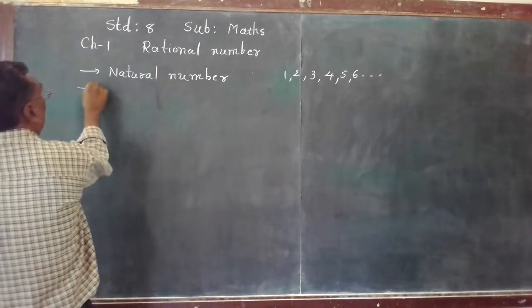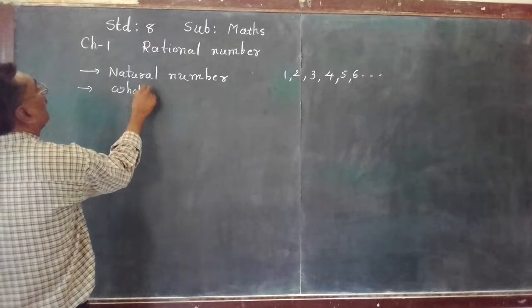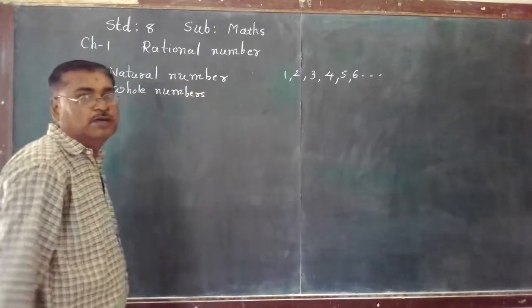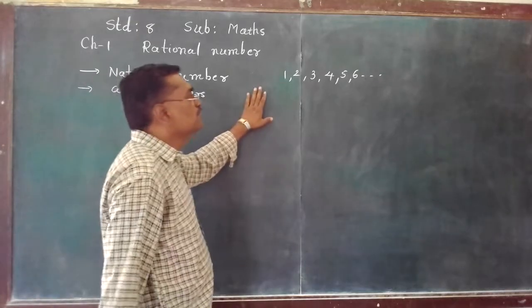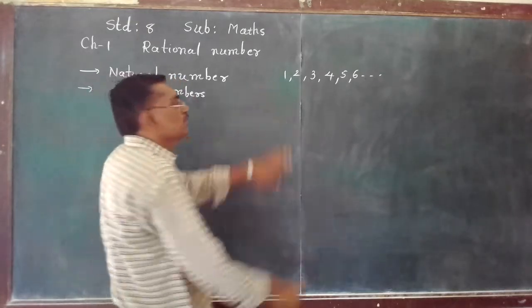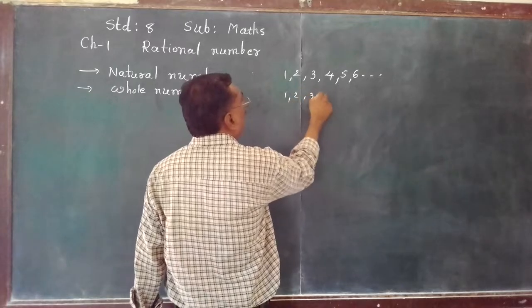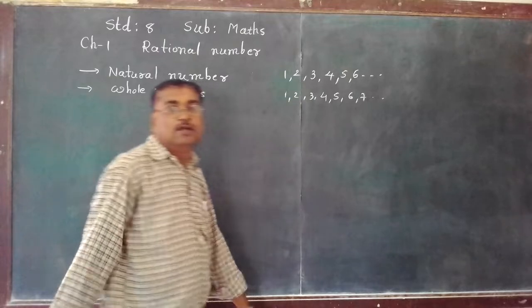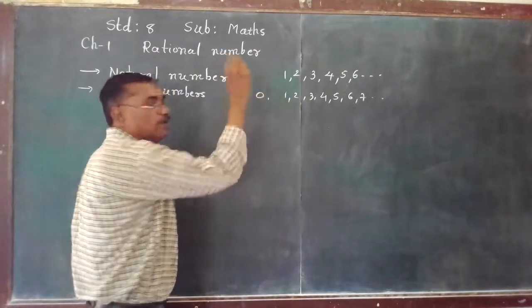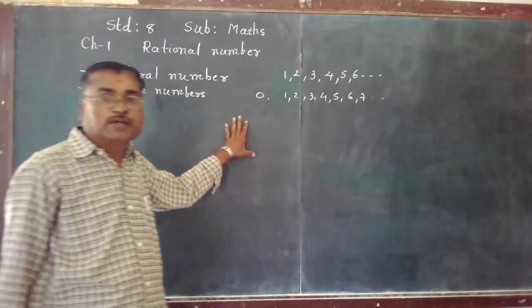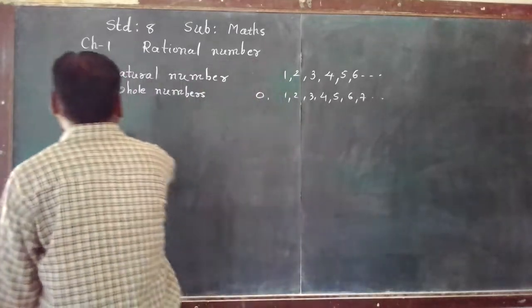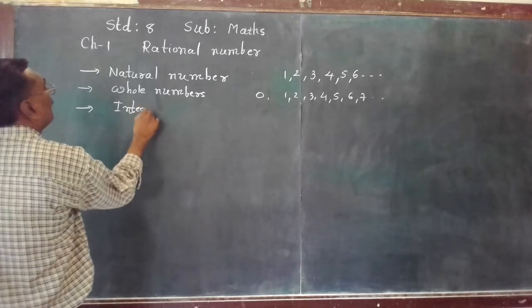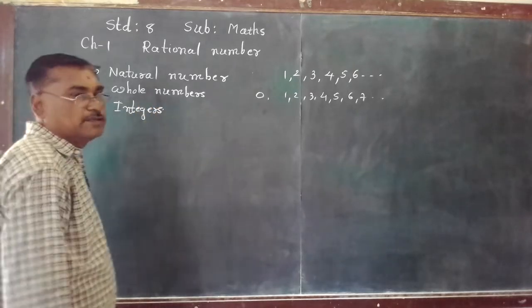Now, whole numbers. In whole numbers, we include all natural numbers, 1, 2, 3, 4, 5, 6, 7, whatever, but including 0 also. That is a whole number. Then we have integers.